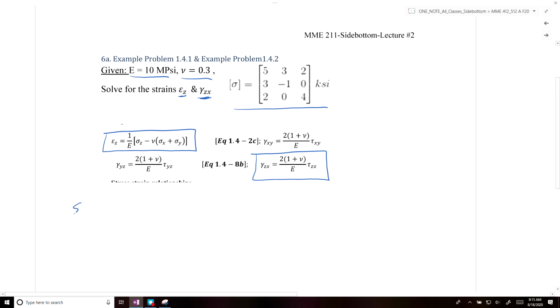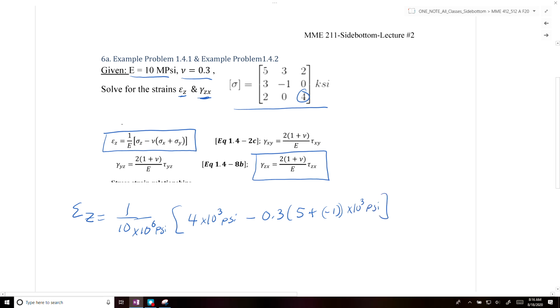So epsilon z will just be equal to 1 over 10 mpsi times, so let's write everything in its base units. So we'll do 10 times 10 to the sixth psi, and then we'll put in sigma z, which is equal to 4 times 10 to the third psi minus 0.3 times sigma x plus sigma y, which is going to be equal to 5 plus negative 1 times 10 to the third psi.